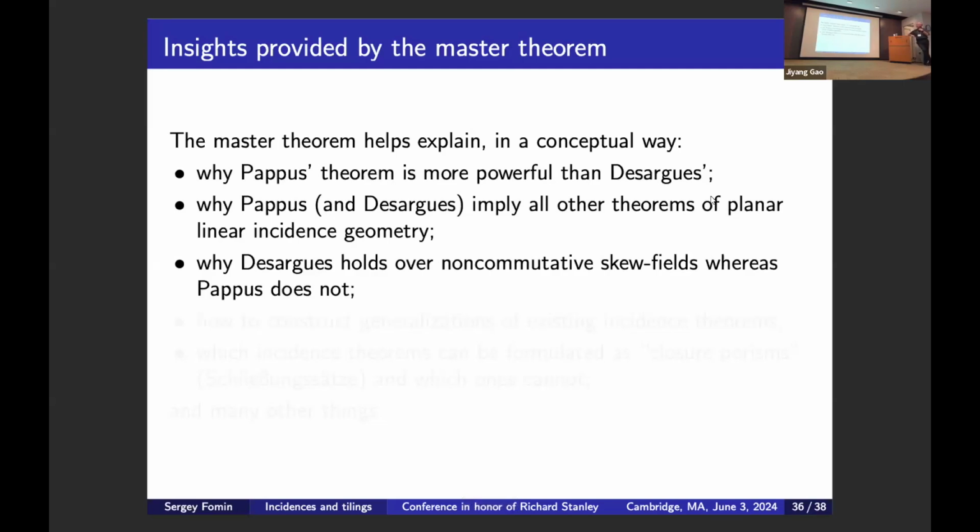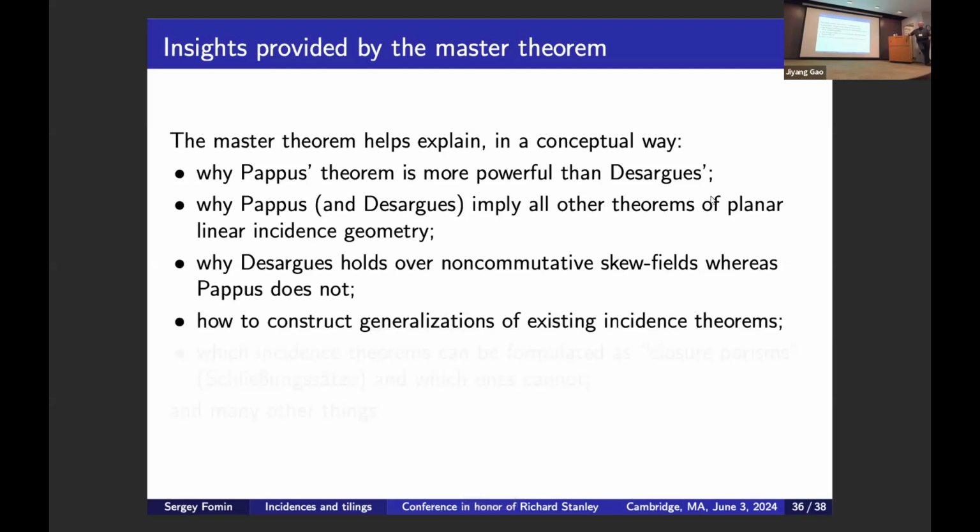We can explain why Desargues holds over non-commutative skew fields, whereas Pappus does not. Basically, it has to do with the fact that the fundamental group of the sphere is trivial, but for higher genus it's not. So the non-commutative version of the proof that I gave you would not work on the torus because of the existence of macroscopic cycles.